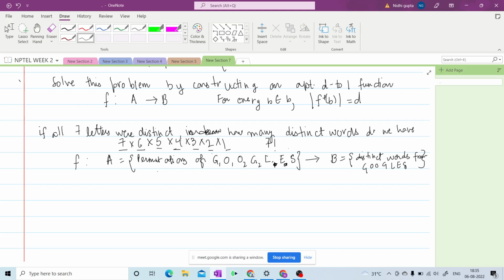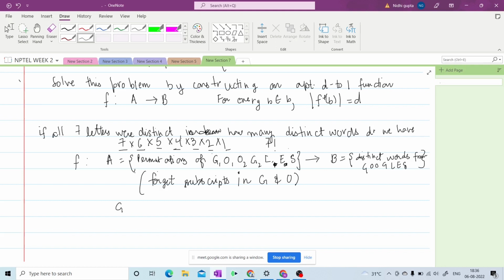Okay. My function is basically a forgetful function. Basically, I forget the subscripts in G and O. This is my function.